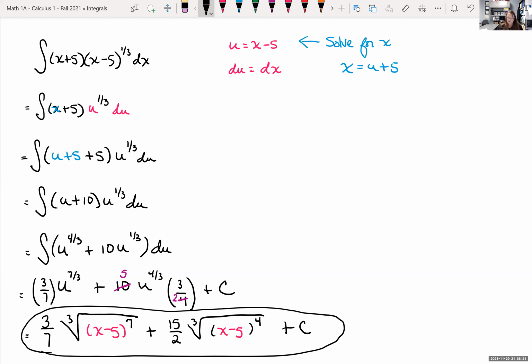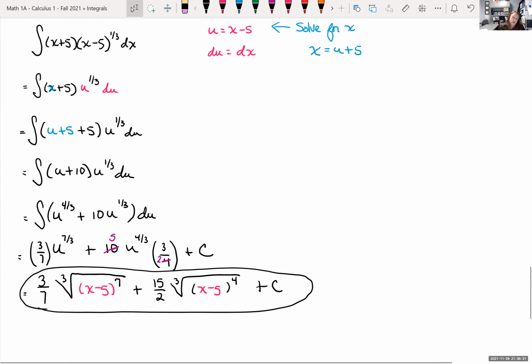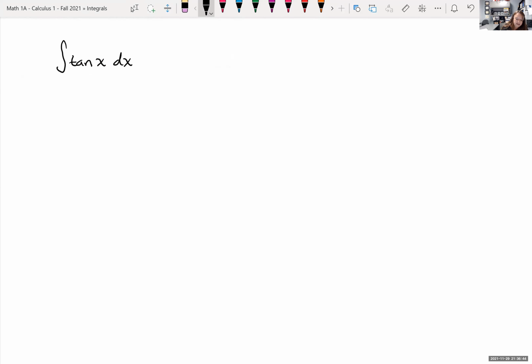Okay, so let's look at the integral of tangent of x. If we wanted to look at the integral of tangent of x, we can rewrite tangent of x. So let's look at the integral of tangent of x dx. But remember, tangent of x could be rewritten in terms of sine and cosine.